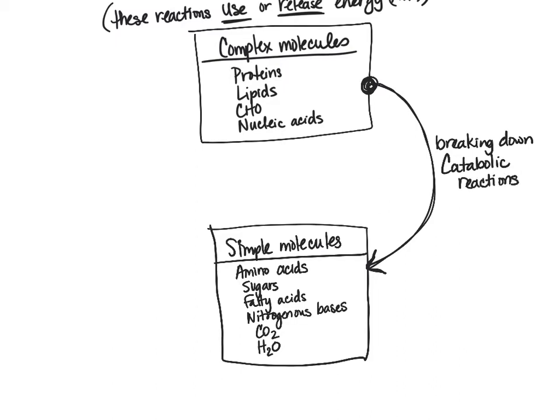So if we're breaking down from complex, which starts with a C, it's called a catabolic reaction, which also starts with a C. And these reactions are those that release energy. So then we have a release of energy in the form of ATP, which we will talk about.